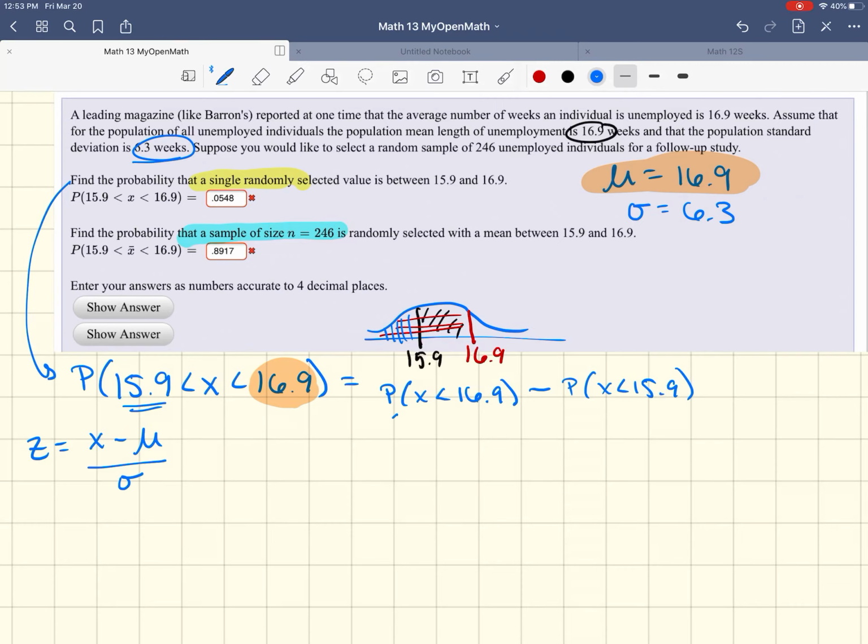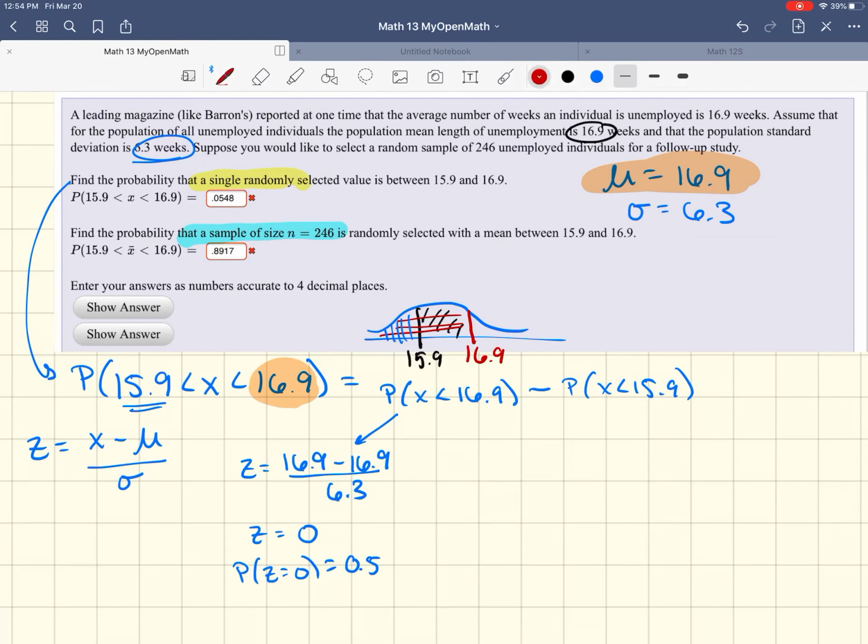So for the first one, our z value is 16.9, our random variable, minus the population mean, 16.9, over 6.3. But 16.9 minus 16.9 gives us 0. If you want to look that up on the probability chart for the standard normal distribution, you can, but the probability associated with z equals 0 is right in the middle. It's 0.5.